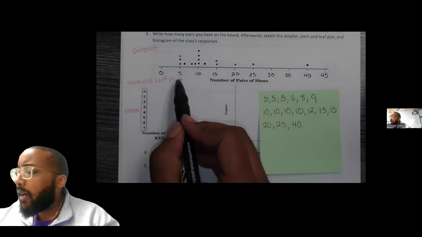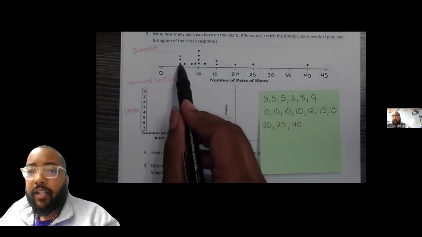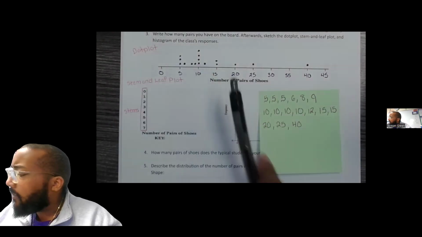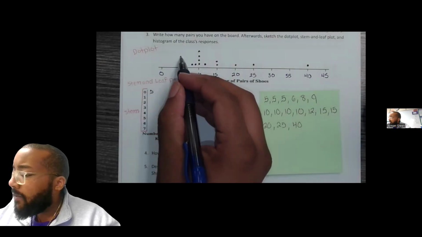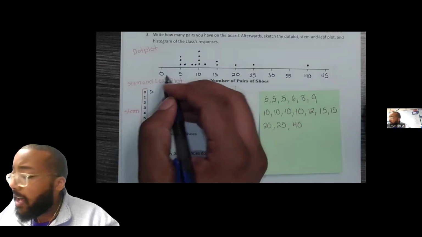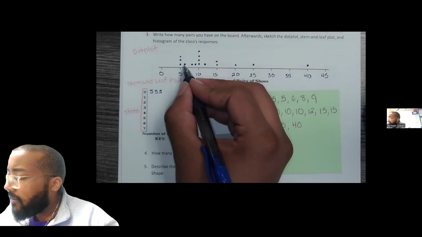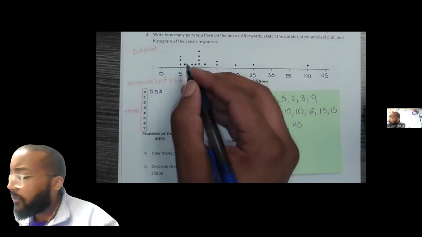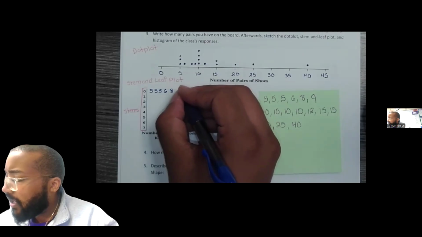So like if I wanted to write the number 5, we start with a 0, and then we're going to write the number 5. And since we had 3 dots to represent 5, I'm going to write this 3 times. Then we had a dot for 6, a dot for 8, and a dot for 9.